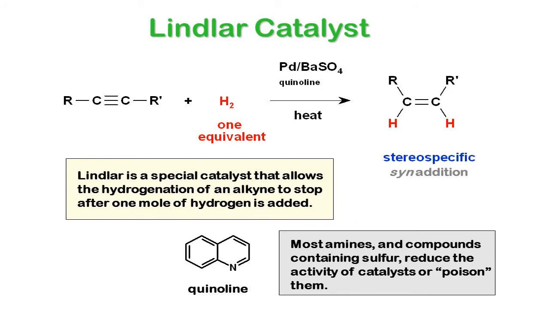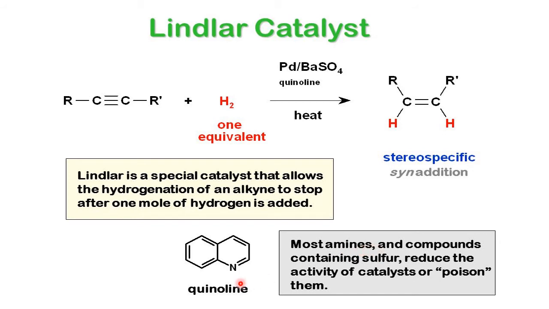What is Lindlar catalyst here? Lindlar's catalyst is palladium along with barium sulfate in the presence of quinoline, because Lindlar is a special catalyst that allows the hydrogenation of an alkyne to stop after 1 mole of hydrogen is added. How does it stop?